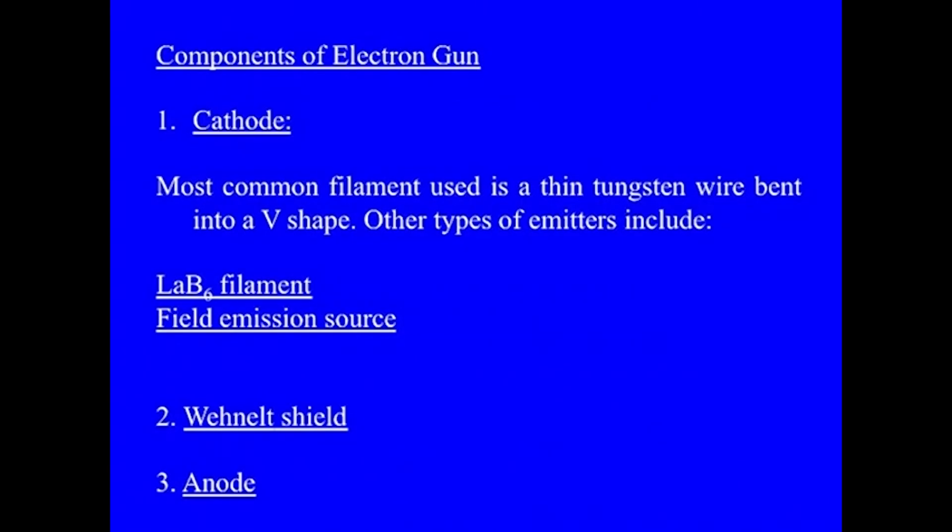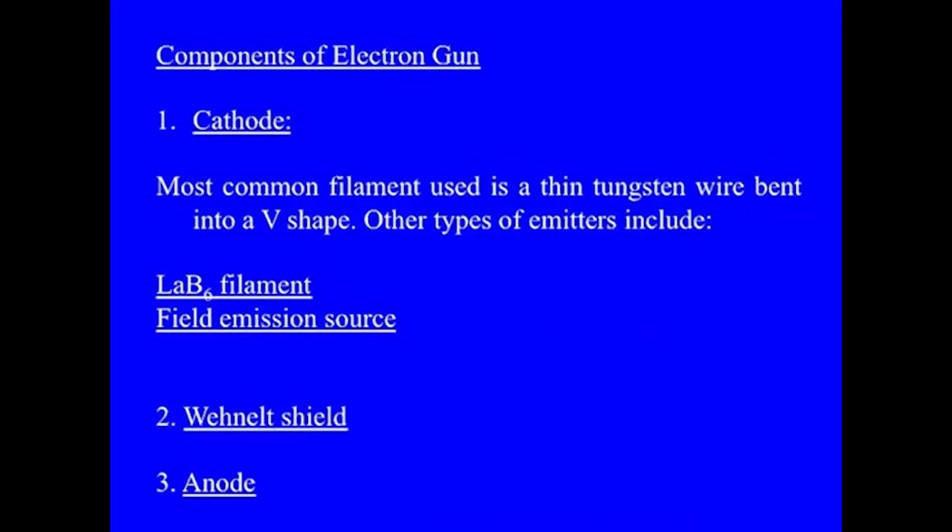Now, let us see what an electron gun is. The different components of an electron gun include one cathode. The cathode is also called the emission source or filament, and it is maintained at a negative potential difference to the anode, almost 50 to 100 kilovolts negative. The most common filament used is a thin tungsten wire bent into a V shape.